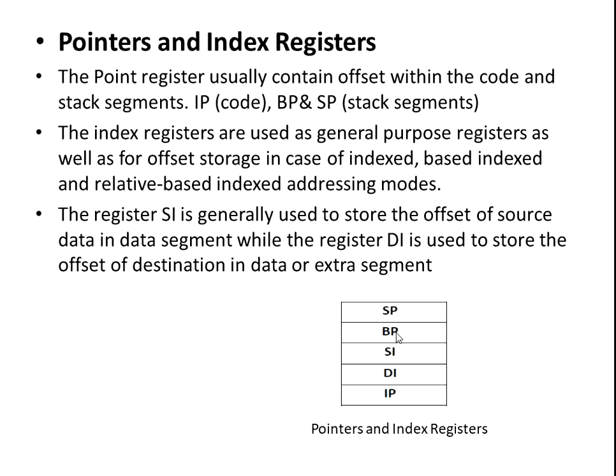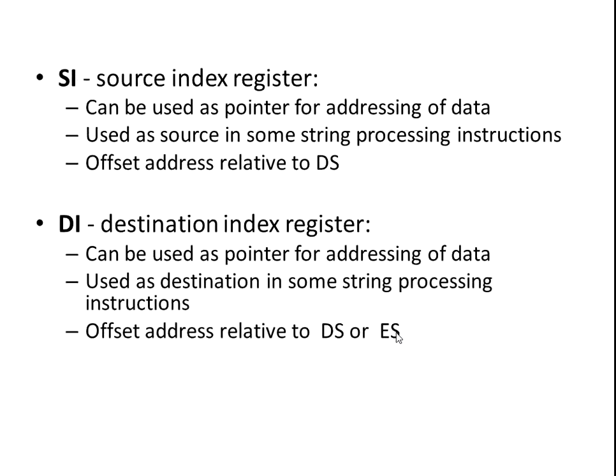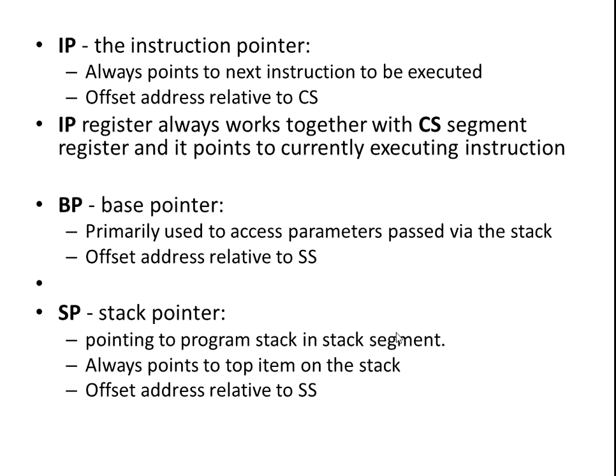First we can see IP, that is the instruction pointer. The instruction pointer always points to the next instruction to be executed. It contains an offset address related to the code segment. The instruction pointer is a register that holds the address of the next instruction to be fetched from memory.